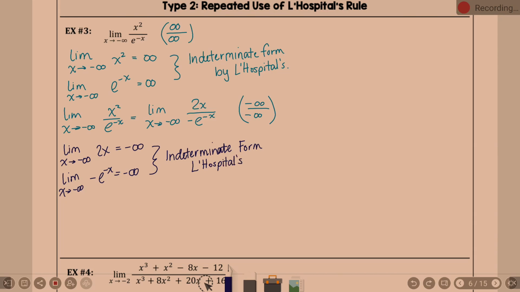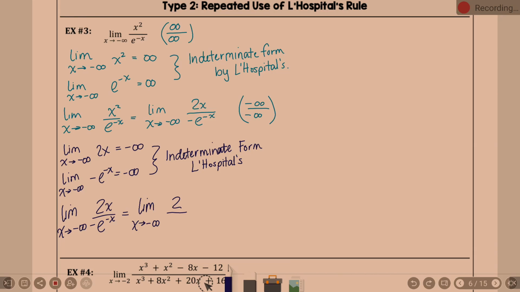Okay, so this time, the limit as x approaches negative infinity. Where are we at? We are at 2x over negative e to the negative x, yes? Okay, what do you got? 2 over e to the negative x. Derivative of 2x is 2. That's always a good sign when your x disappears. That means we're not going to L'Hopital again.